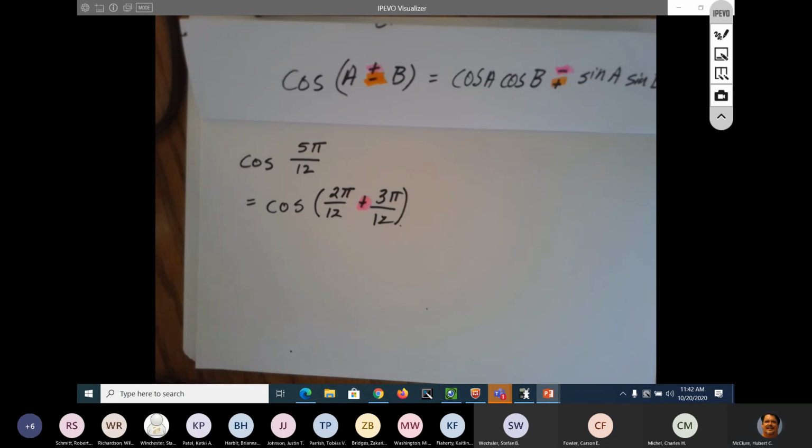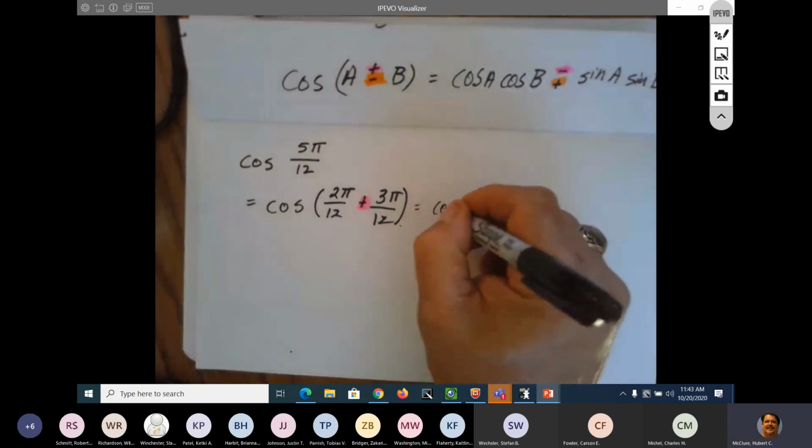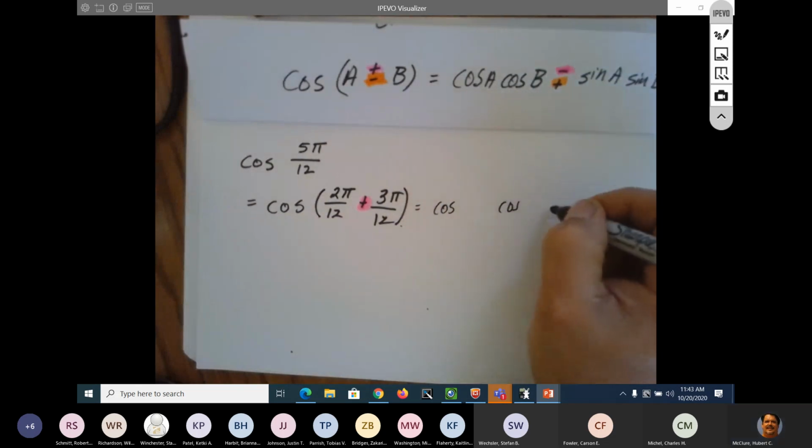So cosine of the sum is going to be cosine, cosine, sine, sine. So cosine, cosine minus sine, sine.